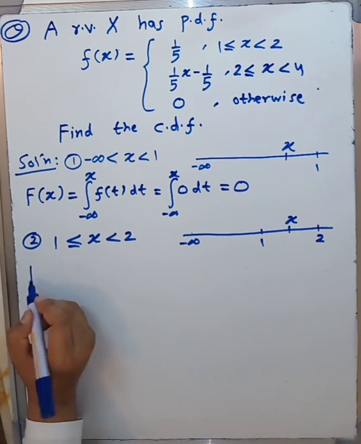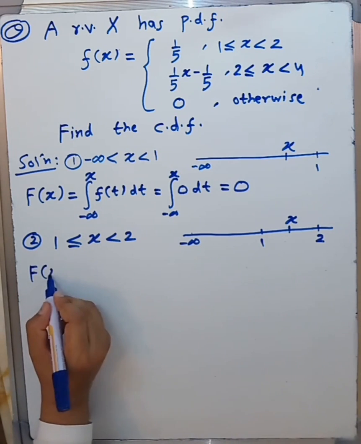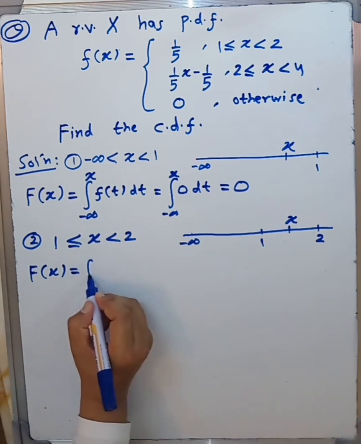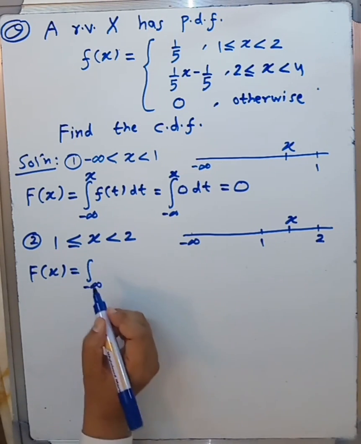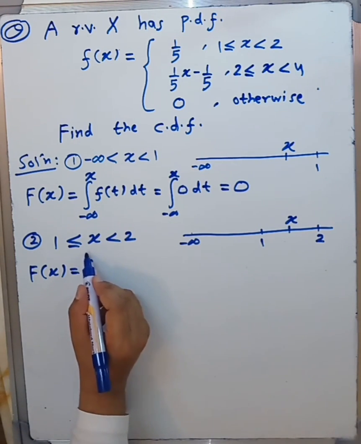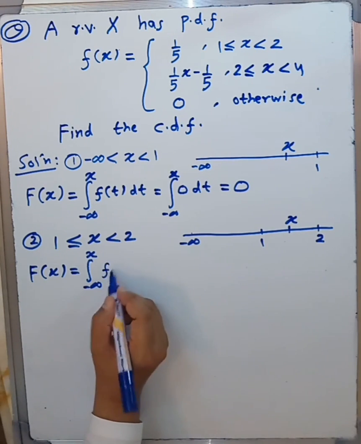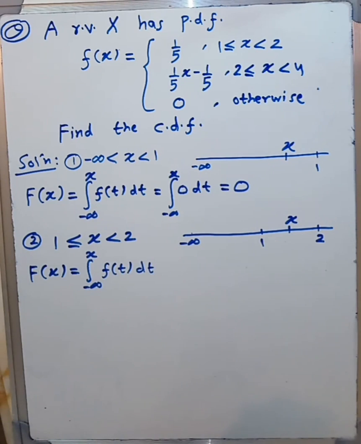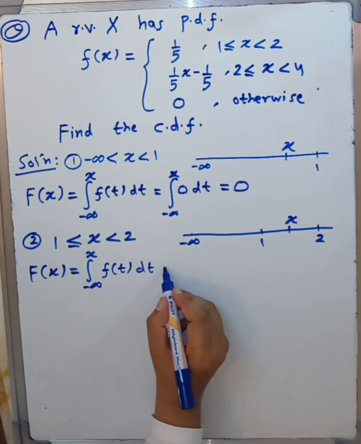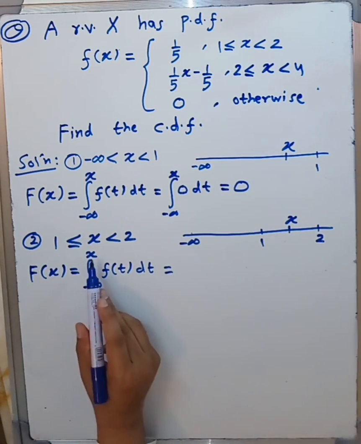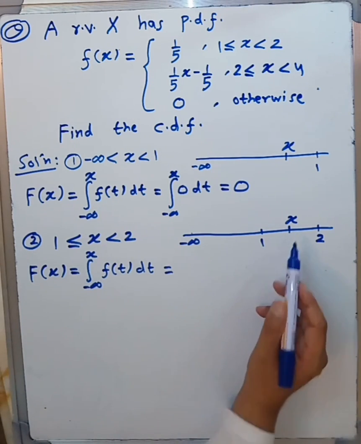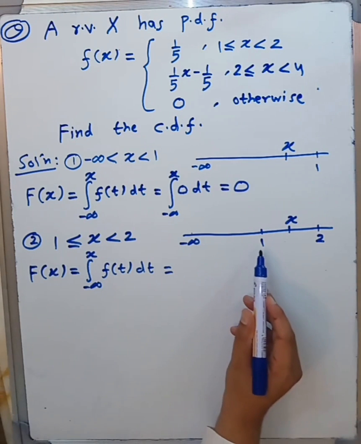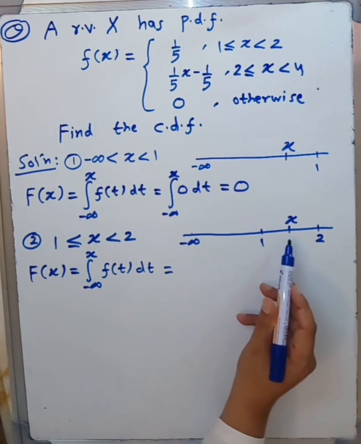So when I am finding the CDF, definition says integral from minus infinity to x of f(t) dt, and this integration will be broken into two parts, minus infinity to 1 and then 1 to x.